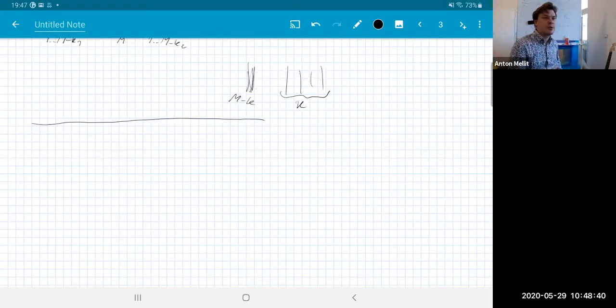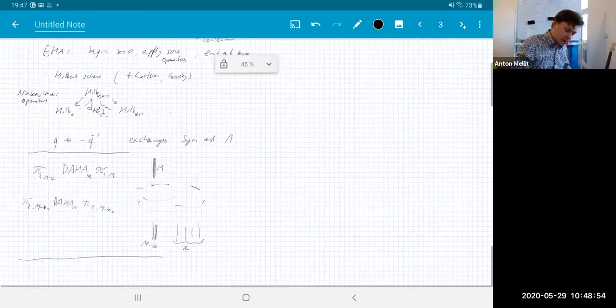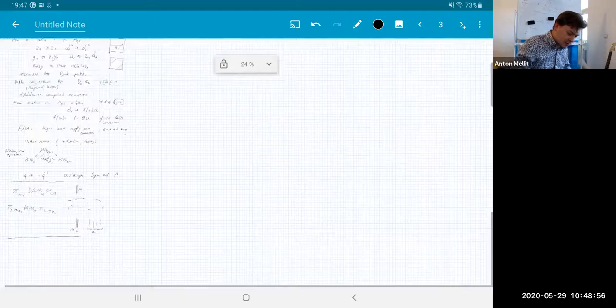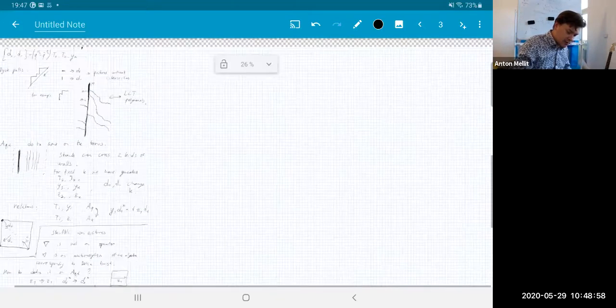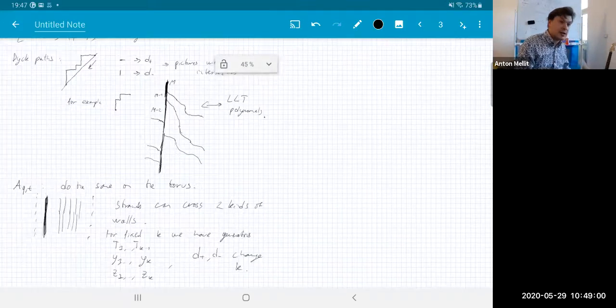So they correspond now to... Dyck path gives you a closed picture where you have this LLT polynomial. You have this web, a closed web on the annulus without intersections.